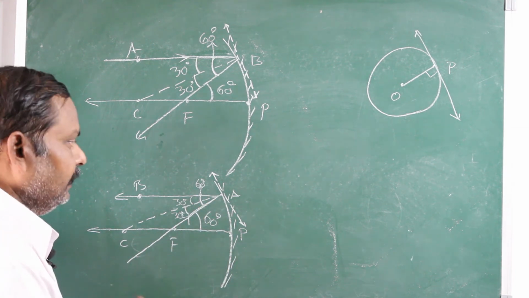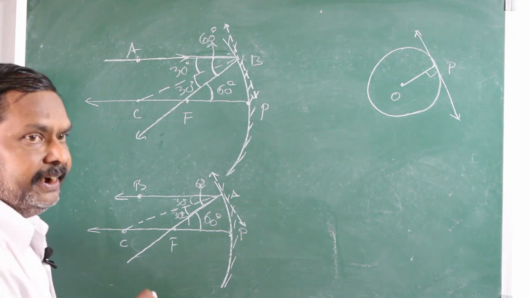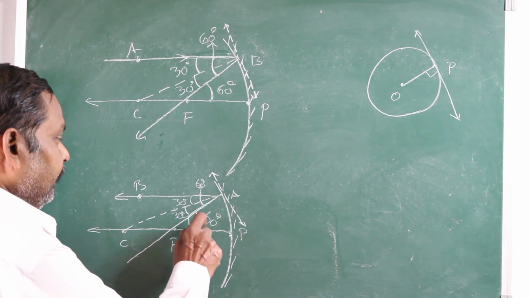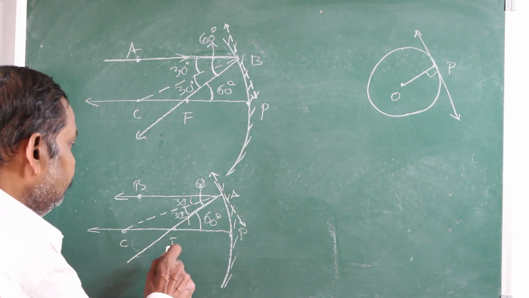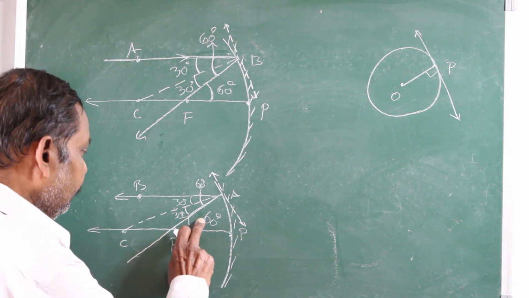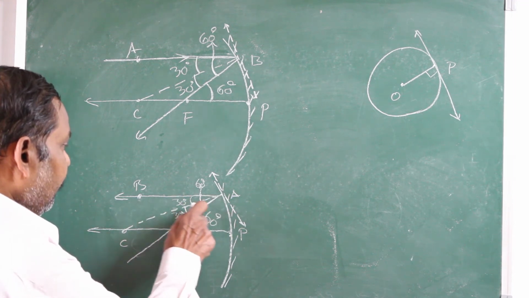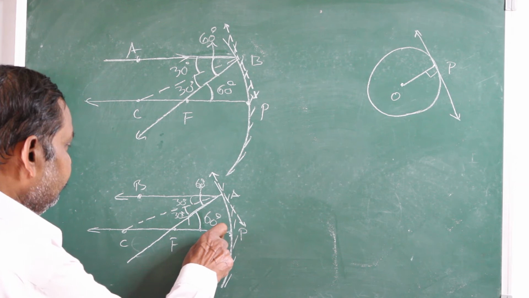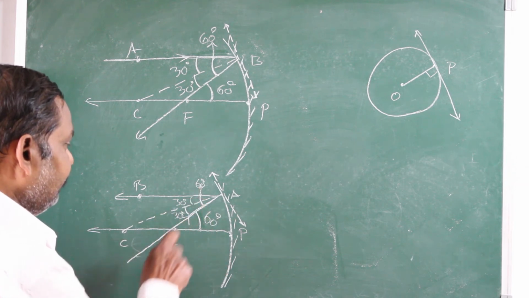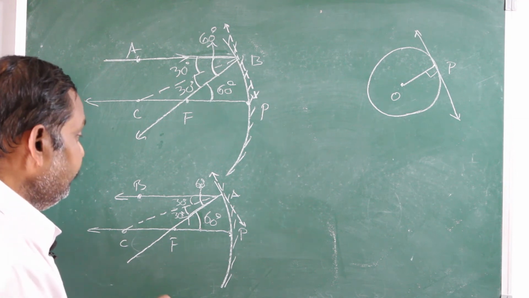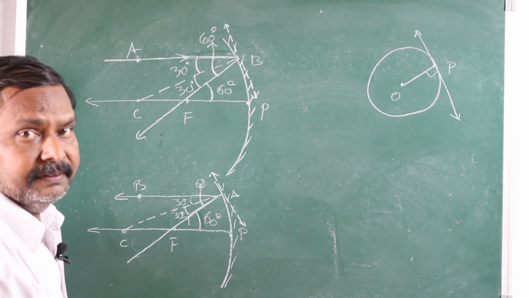So in the second case, when the ray of light is passing through focus, the angle between the reflected ray and the principal axis: this is the reflected ray and this is the principal axis. Reflected ray and principal axis are parallel. Now, what is the angle between two parallel lines?